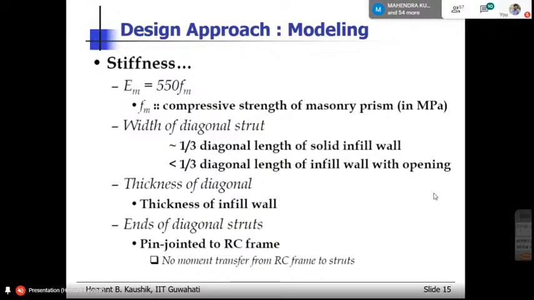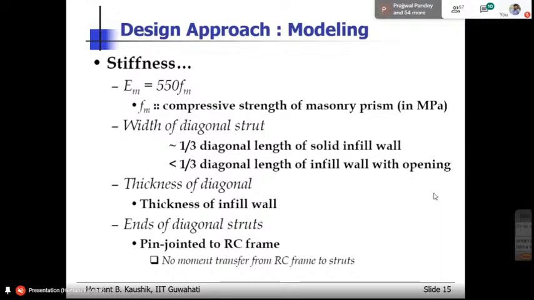If you want to test this masonry prism in the lab, the method is you consider 5 bricks one above the other, with a mortar joint in between. You test it just like you test concrete cubes. You cure it for 28 days because there is mortar, and after 28 days you test it in the compression testing machine. You will get this Fm. We define it as the compressive strength of masonry prisms. So you multiply this Fm by 550, and you get the modulus of elasticity of masonry.